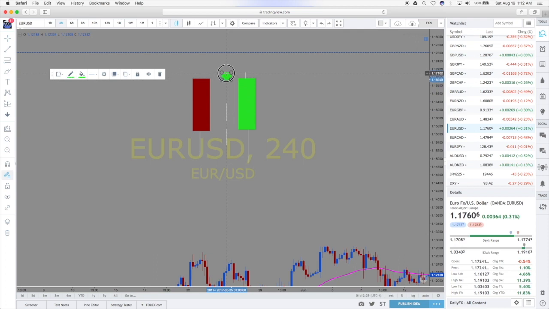So essentially this right here is going to be an example of an evening star.